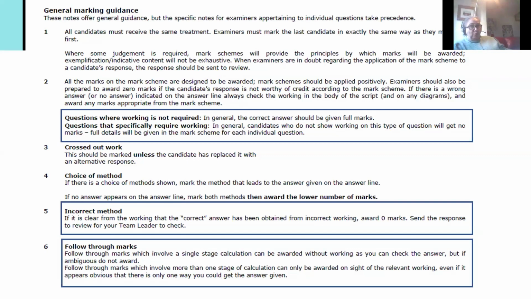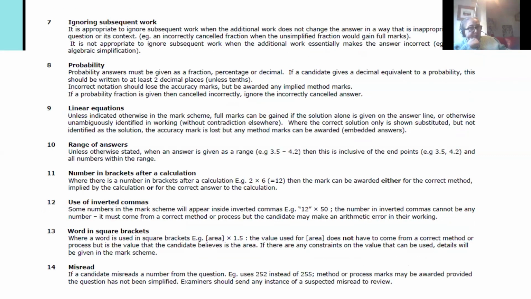ISW, so ignore subsequent working. And I will use a lot of acronyms, but the reason I use them is that I sometimes annotate, if I've got a particularly tricky script or a particularly tricky question that I'm marking, whether it's in a real series or with my students, with the shorthand.